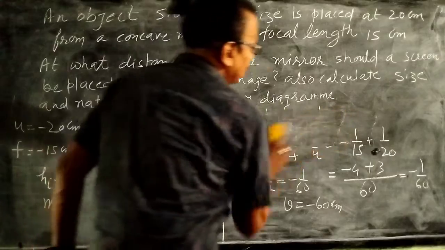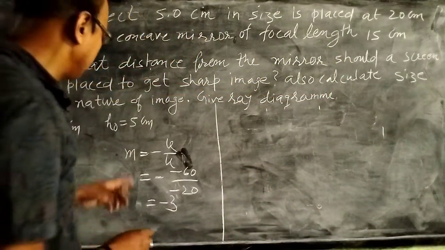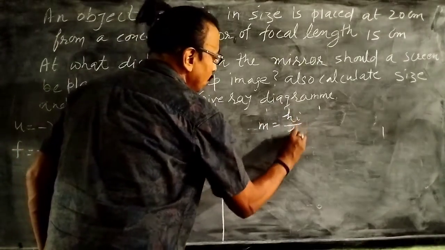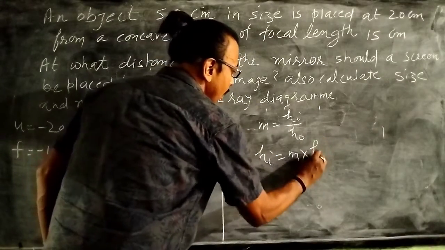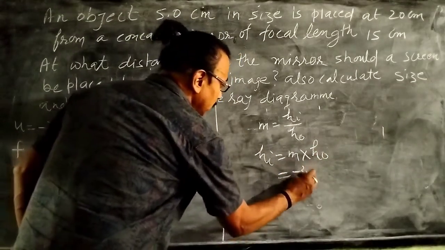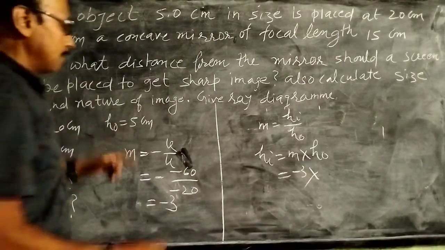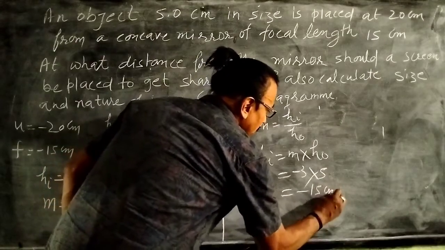The size can be found out as M equals HI by HO, so HI equals M into HO. M is minus 3 and HO is given as 5 centimeter. That is, image size will be minus 15 centimeter.